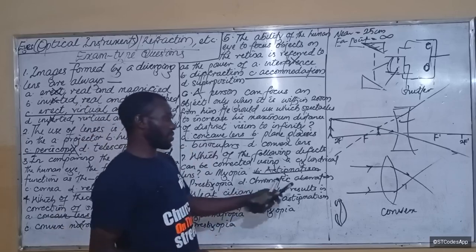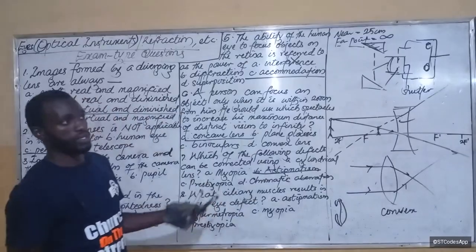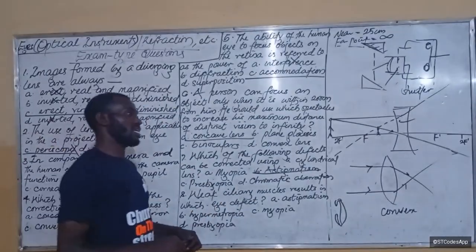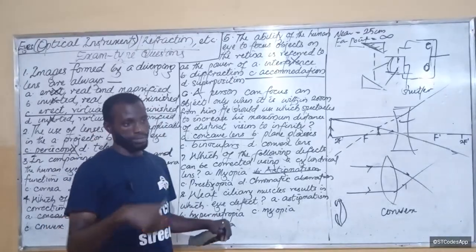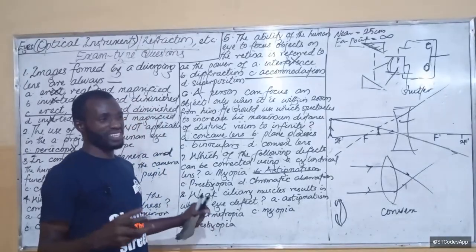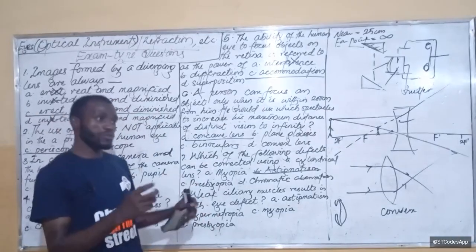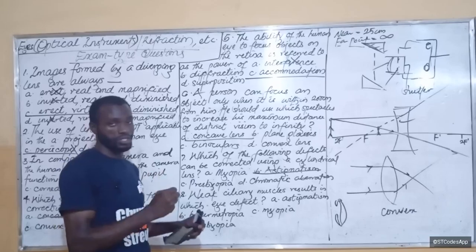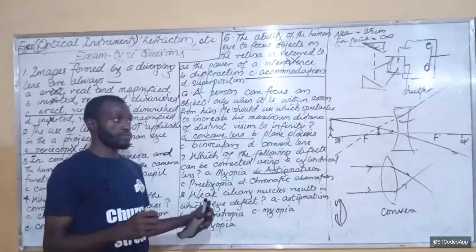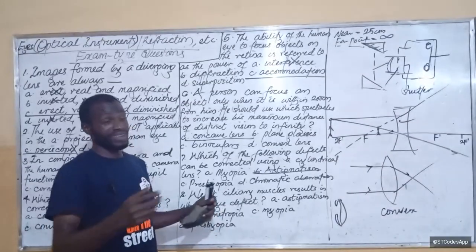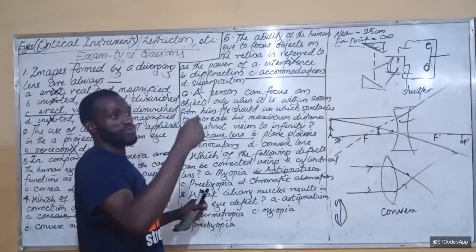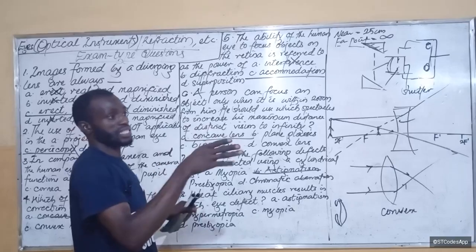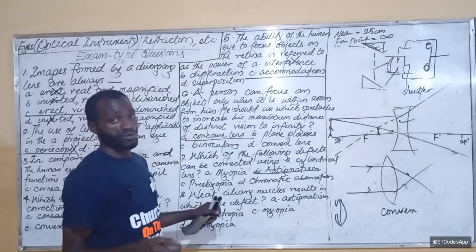Now, what is chromatic aberration? I probably didn't explain that in the other video. Chromatic aberration is the reason why some cameras don't produce very sharp images. Because of the prism effect, when refraction occurs, the different wavelengths of light refract at different angles.